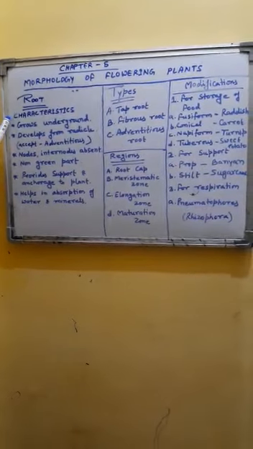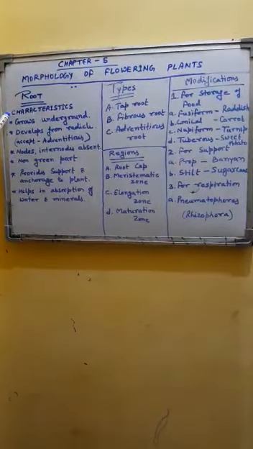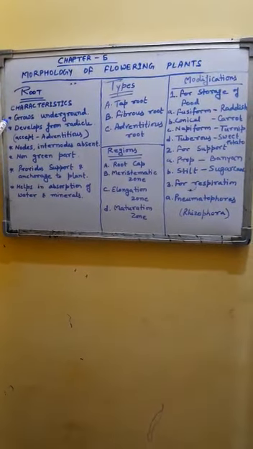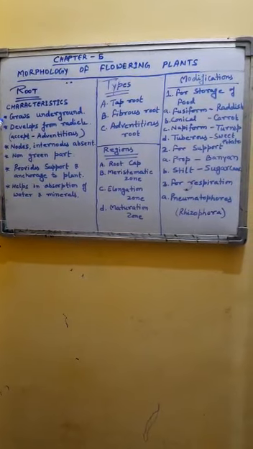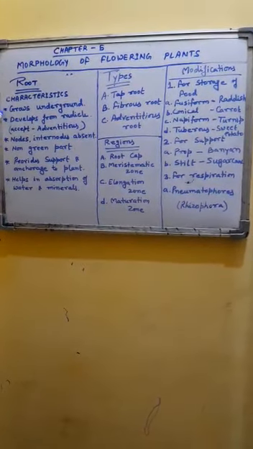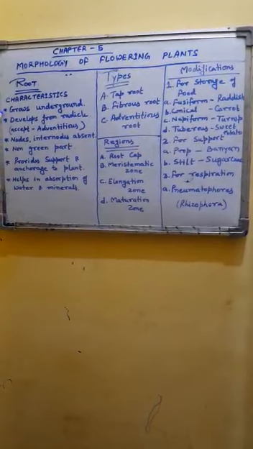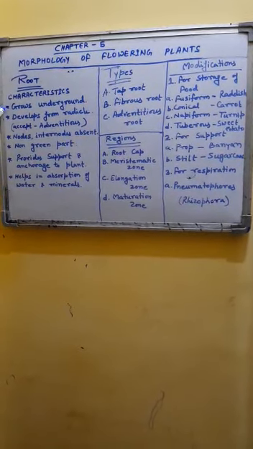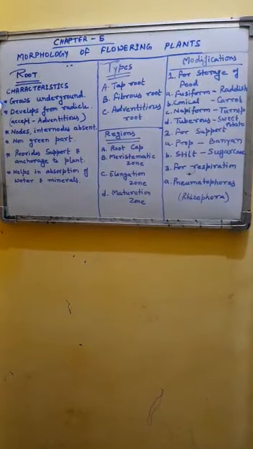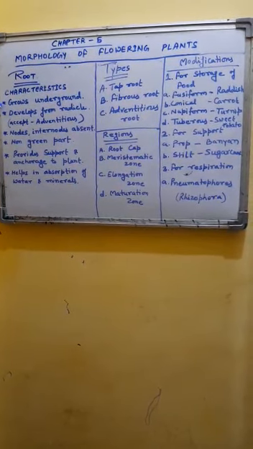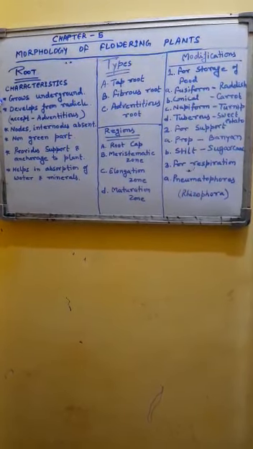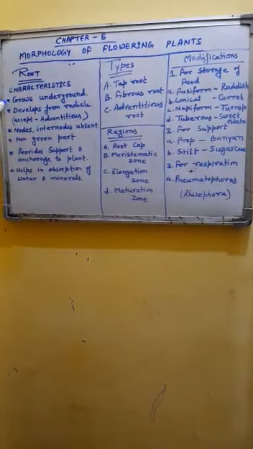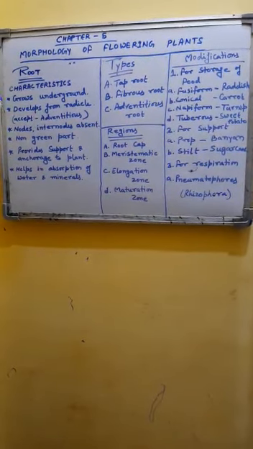Following are the characteristics of root that we discussed. Roots grow underground generally. Exceptions are there. During various modifications, root may grow above the ground, but in a general concept, root grows under the ground, away from the light, towards gravity.